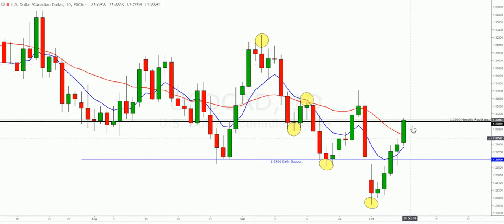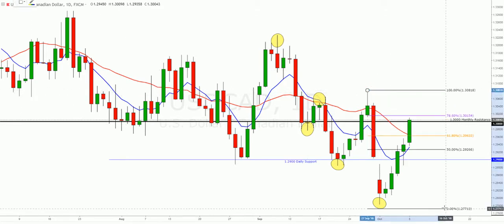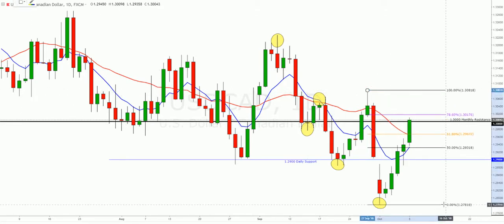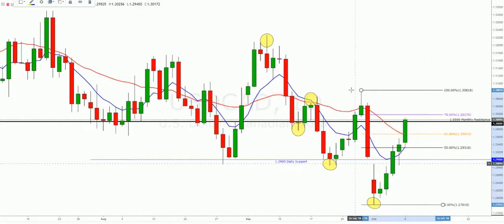I'd take this as essentially the last real region for reversals while still accepting the downside scenario. As you can see from this Fibonacci retracement tool, we are right in that refined zone, the really key area for reversals.